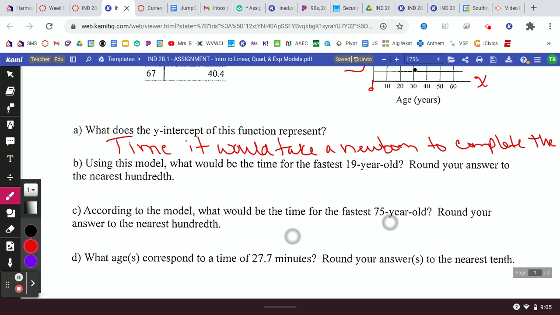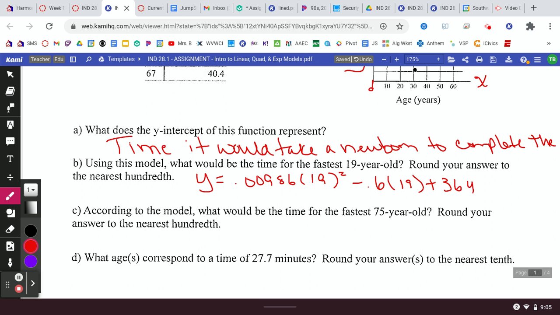It asks for the time. So you would leave y as a basic y, and then you would take that model, 0.00986, and in place of x, you're going to put a 19 squared minus 0.6 times 19 plus 36.4.